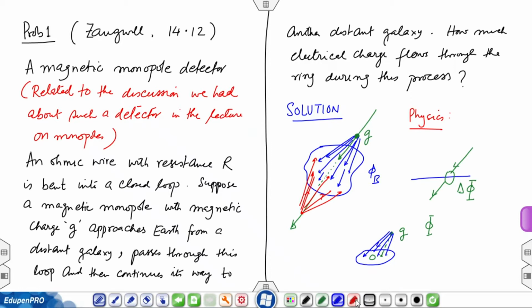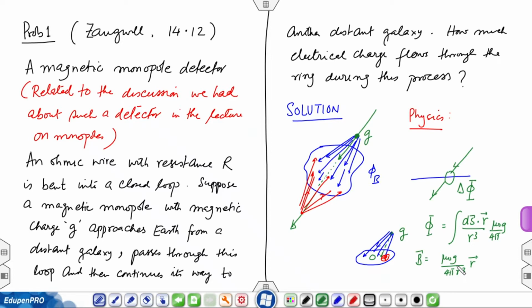If I take a small area here, some ds, right. So, this flux would be equal to integral of ds dot r over r cubed times mu 0 over 4 pi g, because B field is mu 0 g over 4 pi r cubed r vector.